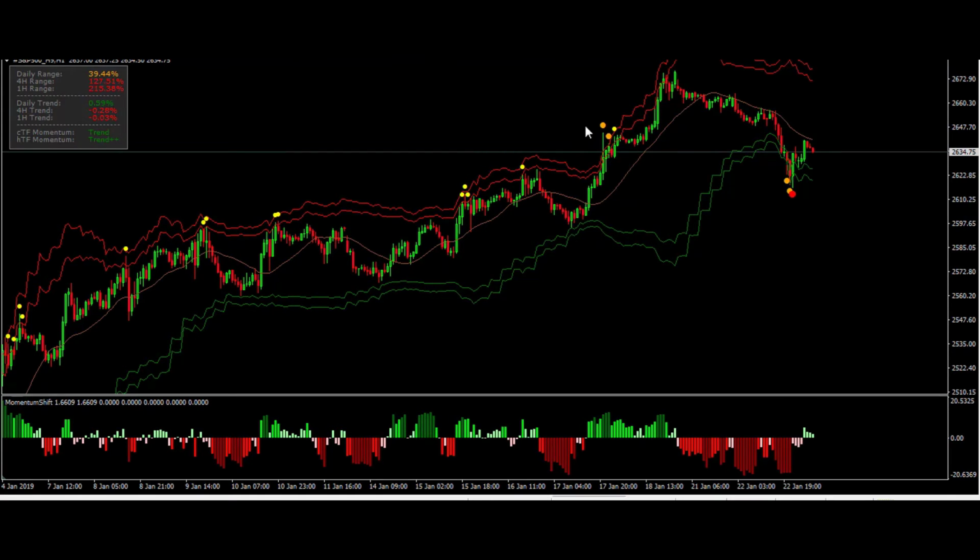And finally, we talked about the yellow, orange, and red dots that usually appear in situations where the market is trading around these bands and just act as an added measure and an added confirmation that the market could potentially be trading into overbought and oversold trading conditions.